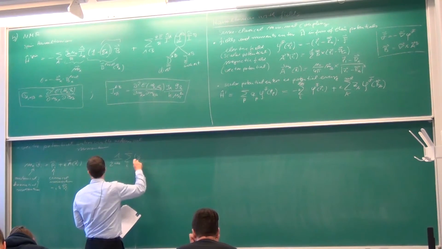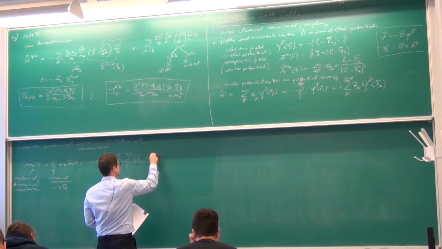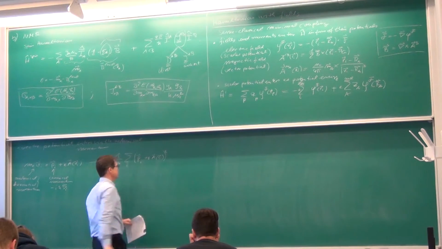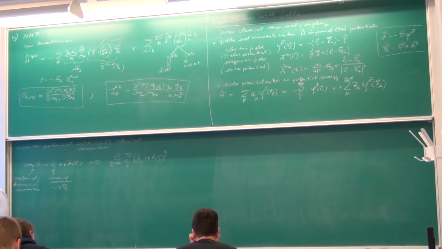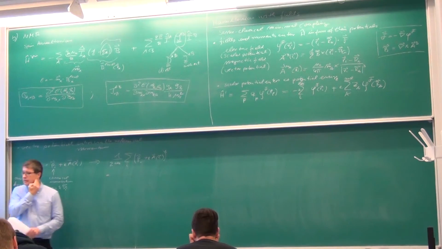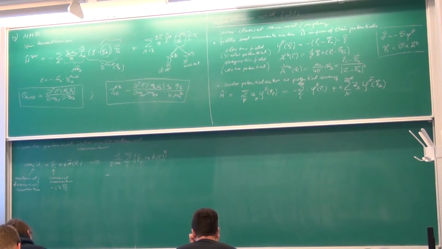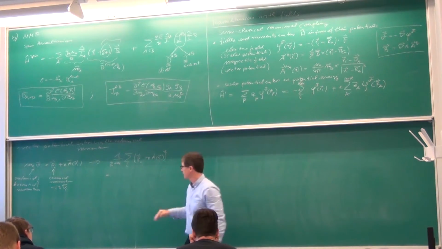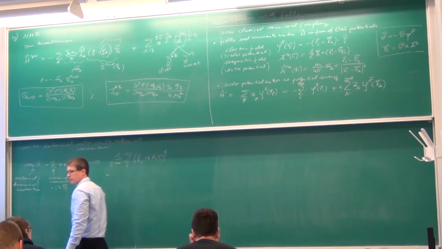But now there's an extra contribution from this vector potential, and the kinetic energy operator looks like this. Now we can expand that in order to see which are really the extra contributions. So what is the H prime? Because that's the full kinetic energy term now for the electrons.